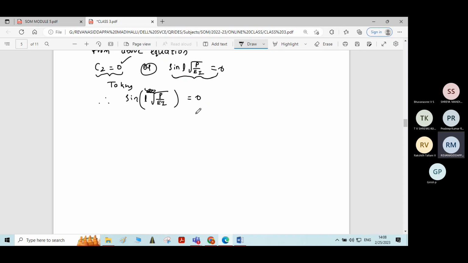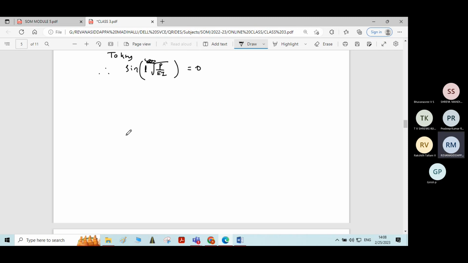When the sin value is 0, sin 0 is 0, correct? Sin pi is 0, am I right? Sin 2 pi is 0 or sin 3 pi is 0 and so on. Therefore, sin L root P by EI is equal to either sin 0 or sin pi or sin 2 pi and so on.